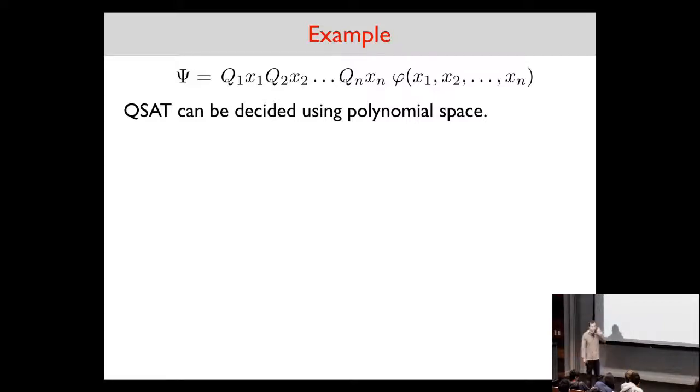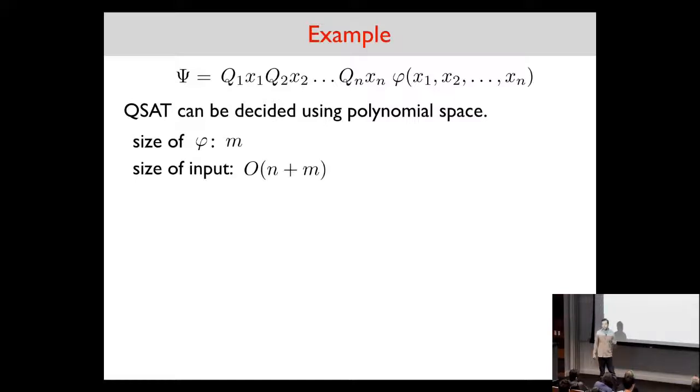And we're also going to see an interesting feature of space, which is different from time. The feature is that space, unlike time, is reusable. And that seems to give it more power. Time, unfortunately, unless you're time traveling to the past, cannot be reused.